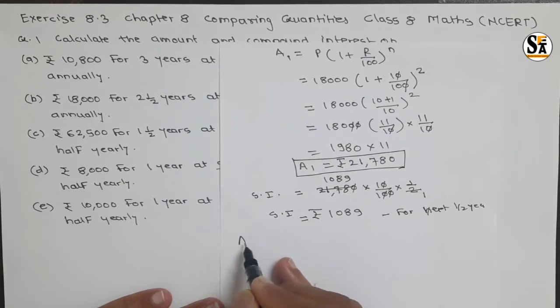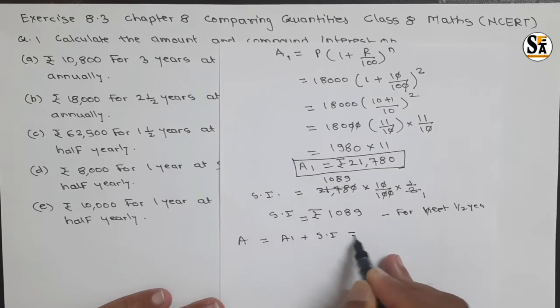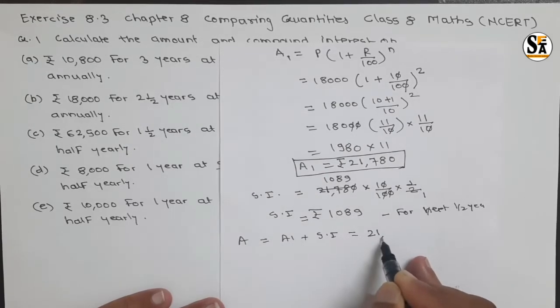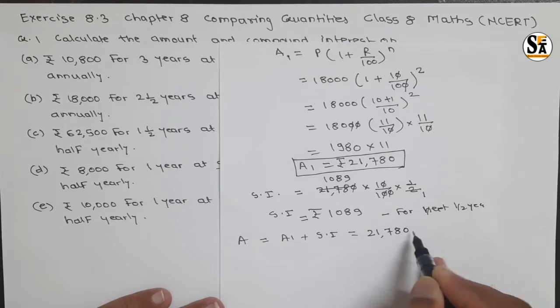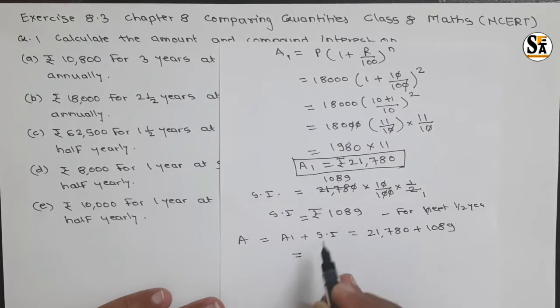So we will get the total A is A1 plus this SI, that will be 21,780 plus 1089. So it will be 22,869 rupees. That will be the total amount.